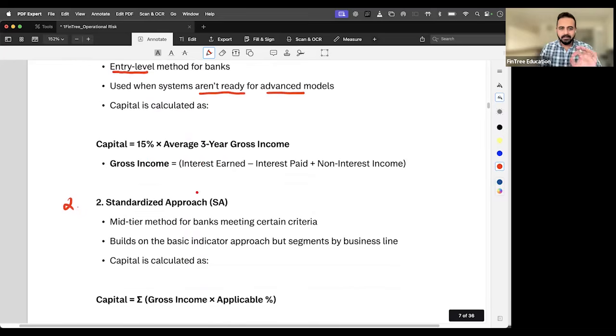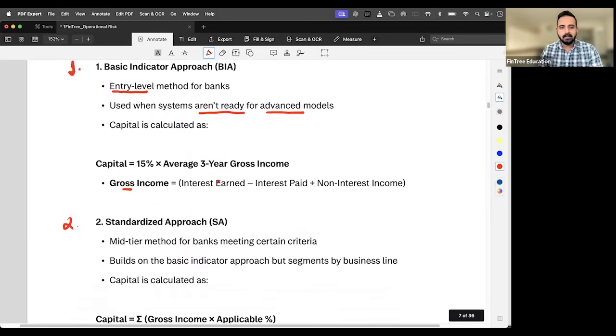Simple, straightforward. They said, listen, you need to calculate your gross income. How would you calculate your gross income? You calculate the interest earned minus the interest paid, plus any non-interest income.